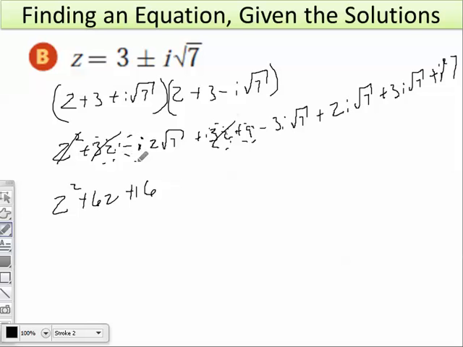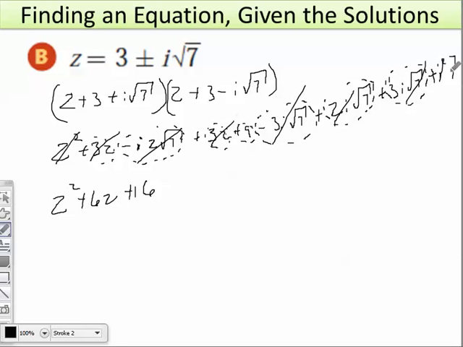I've got a minus iz square root of 7. I've got a plus iz square roots of 7, so those are going to cancel each other out. I've got a minus 3i square roots of 7 and a plus 3i square roots of 7. Those are going to cancel each other out.